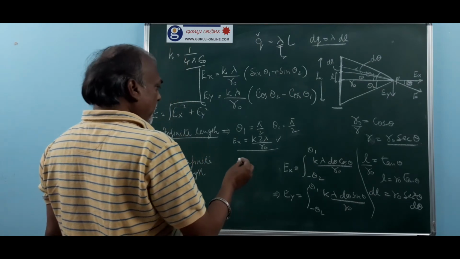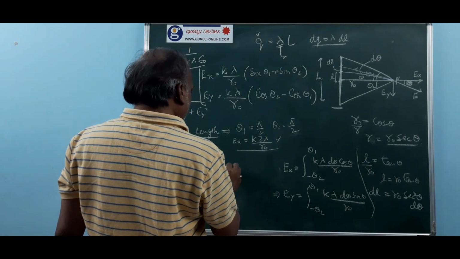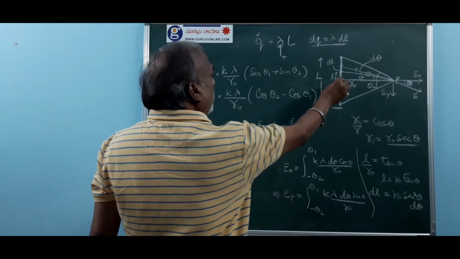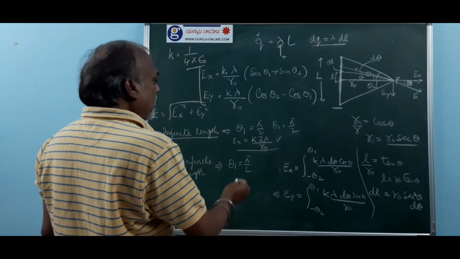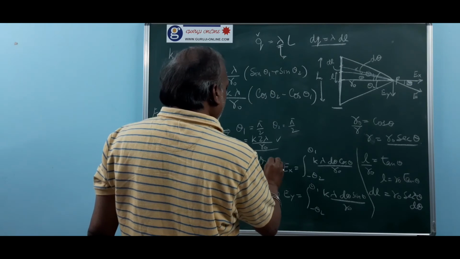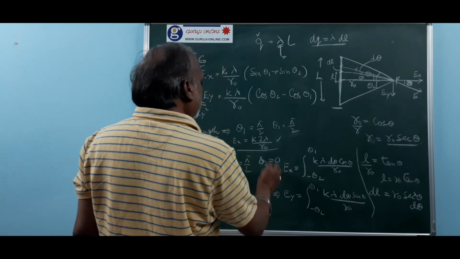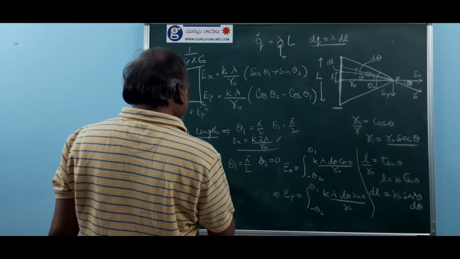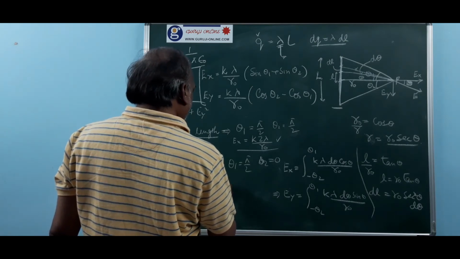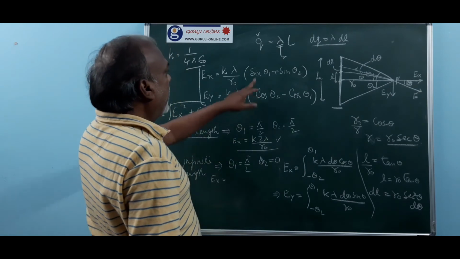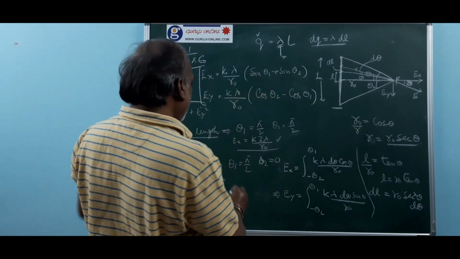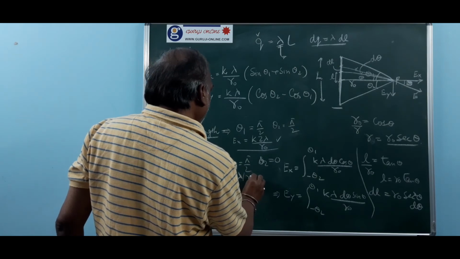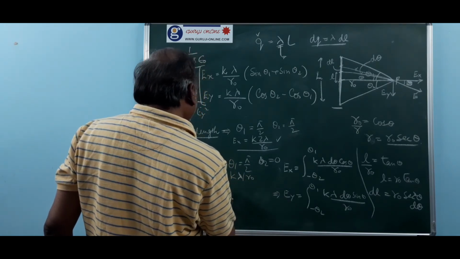Then what will happen in this case? What will be your theta 1? It will be pi by 2 because it is going up to the infinite length. There is no problem. But what about theta 2? This will be 0. Correct? So in this case, your Ex will be, with pi by 2 and this 0, K lambda upon R0. And what about Ey?